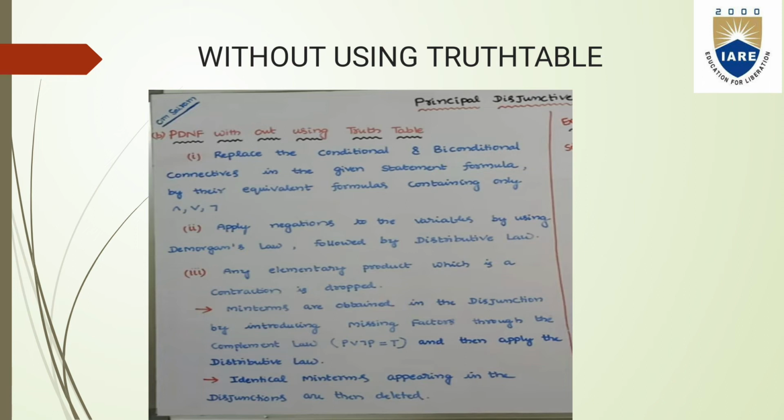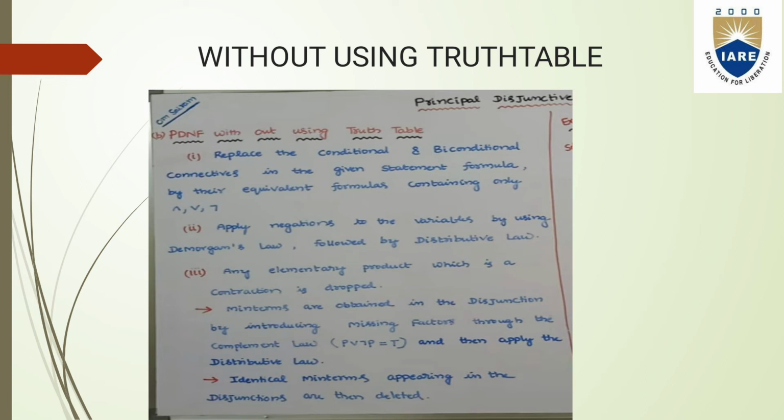Replace the conditional and biconditional connectives in the given statement formula by their equivalent formulas containing only AND, OR, and negations. Apply negations to the variables by using De Morgan's law, followed by the distributive law. Any elementary product which is a contradiction is dropped.